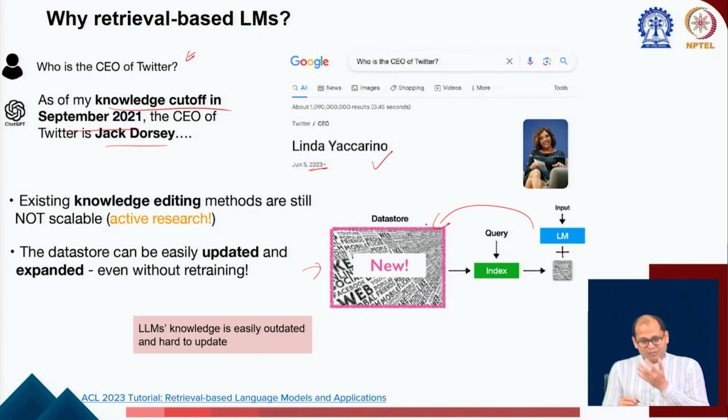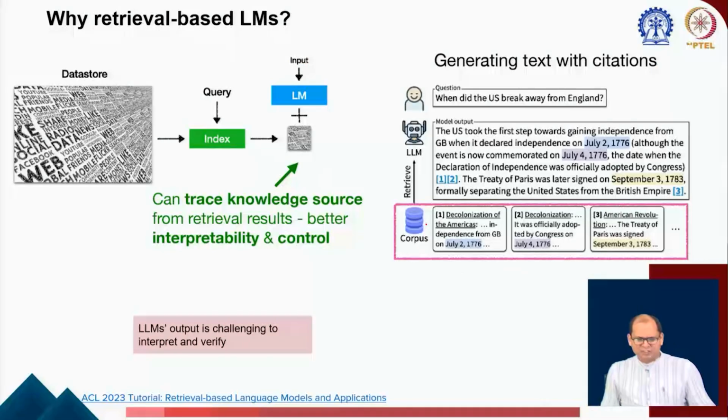So that's another reason why RAG is preferred, because the LLM's memory, its knowledge, can easily be outdated. It is trained up to a certain point of time only. Then again, when an LLM gives output, it's difficult to verify it directly.